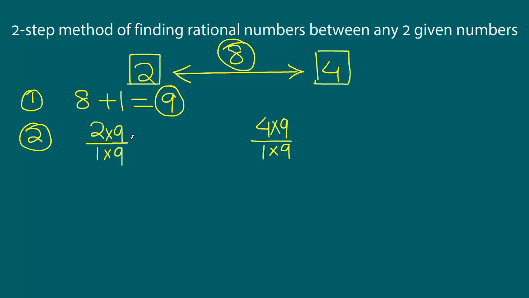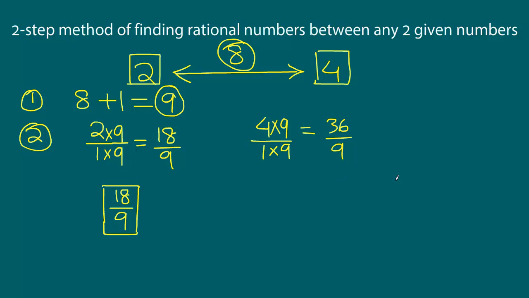So 2 nines are 18, giving 18 divided by 9, and 4 nines are 36, giving 36 divided by 9. Instead of 2, we are writing 18 by 9, which is nothing but 2. Similarly, instead of 4, we write 36 over 9, which is the same as 4.